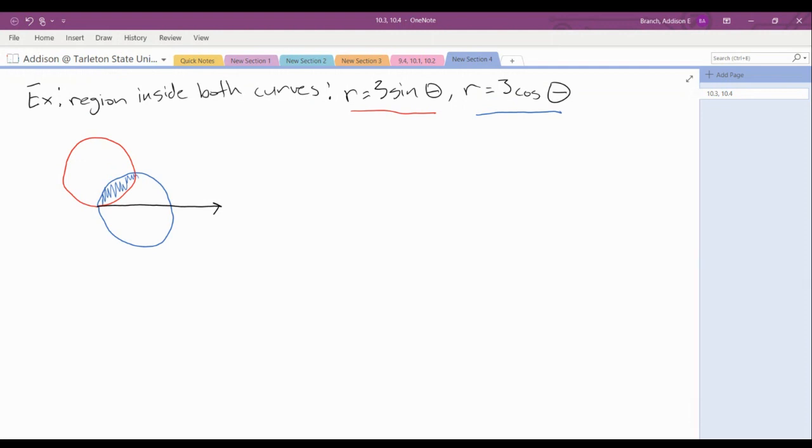However, sometimes whenever we're dealing with the region inside two curves, things can get a little wonky, a little messy. So I'm going to try to draw a little zoomed in version of this region.